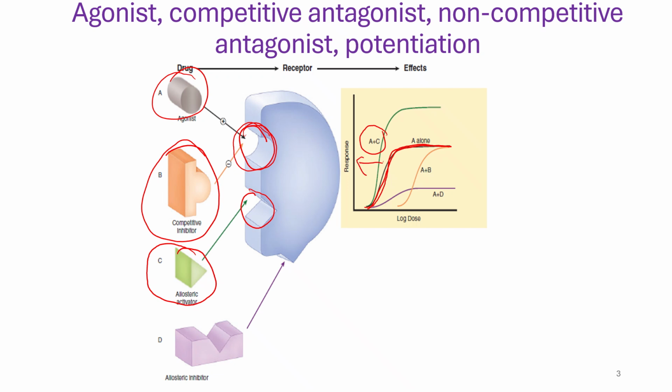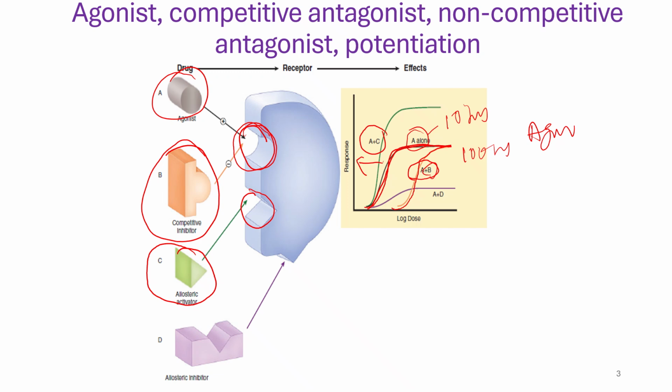So in terms of competitive antagonist, agonist plus antagonist, here you may get, with 10 milligrams of drug A, this response. Maybe you can add 100 milligrams, or increase the dose of agonist with the competitive antagonist, and you reverse the antagonistic effect; it reaches the maximum efficacy.